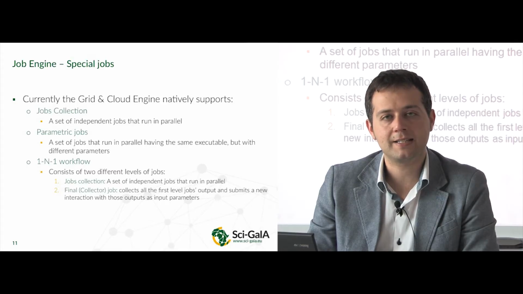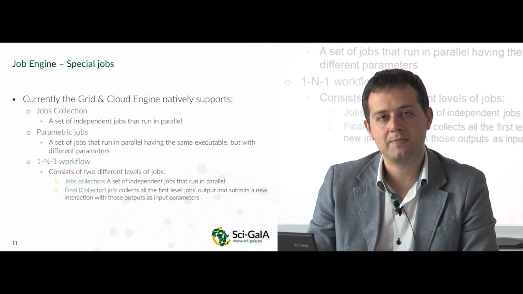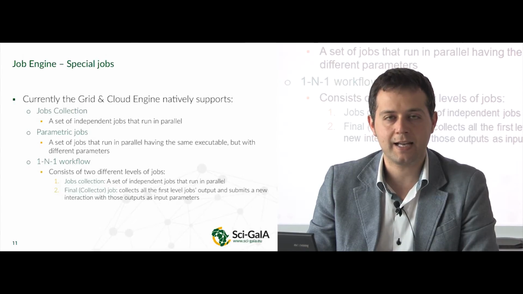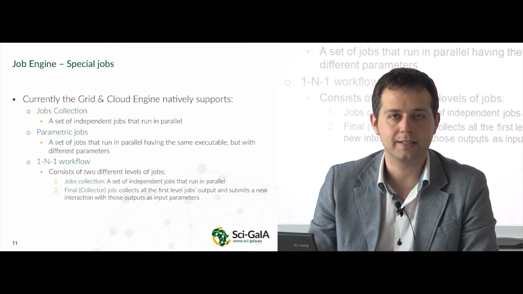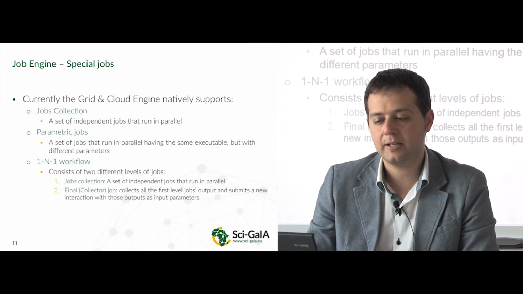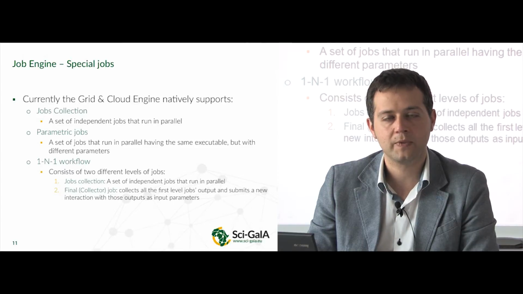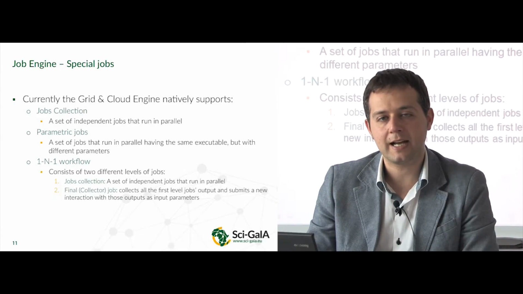A job collection is a set of jobs that run in parallel. It also provides support for parametric jobs, which are a set of parallel jobs that share the same executable but have different arguments. And then it also supports the one-on-one workflow, which is the simplest kind of workflow.